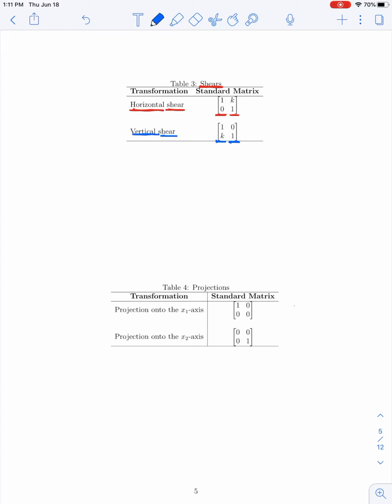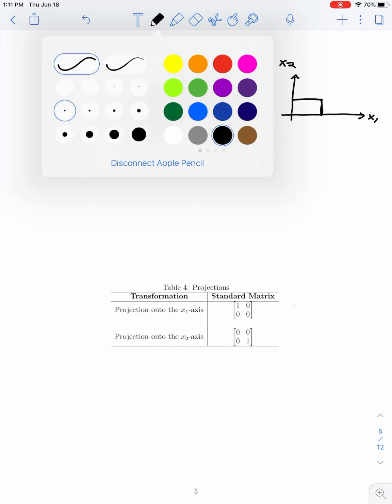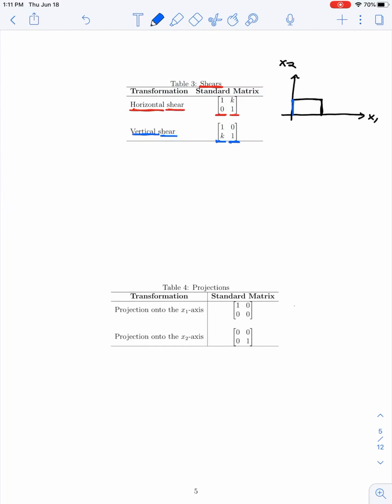So recall that a shear, we saw an example of a horizontal shear in the last section, where in the x1, x2 plane, let's say we had a box whose edges were given by these basis vectors E2 and E1. So we have a little unit square, a 1 by 1 square. We would be mapping for a horizontal shear E1 to itself, and E2 gets mapped to this vector (k, 1).